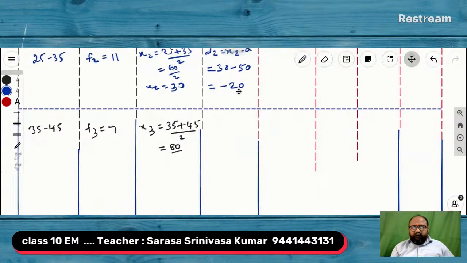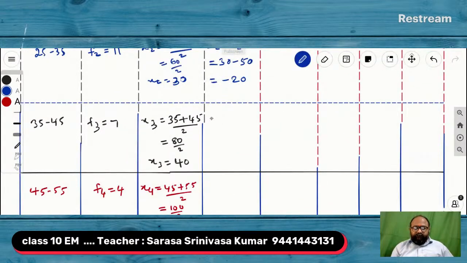Now we calculate d3. d3 equals x3 minus A. This is equal to 40 minus 50 equals minus 10.